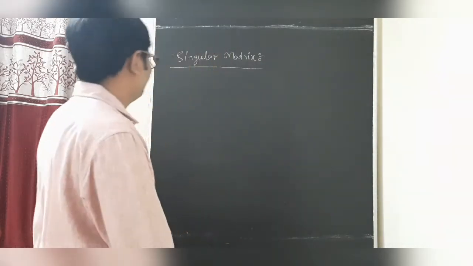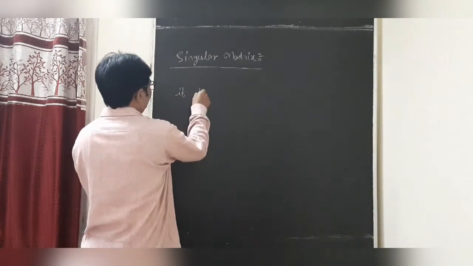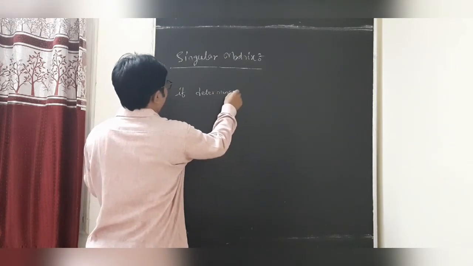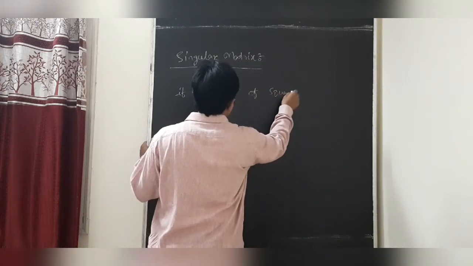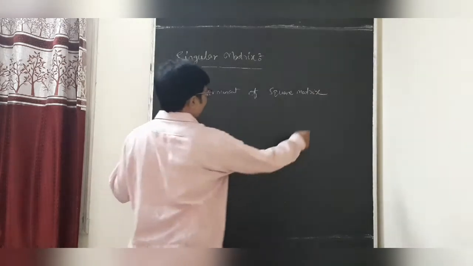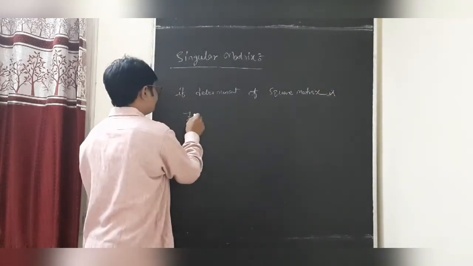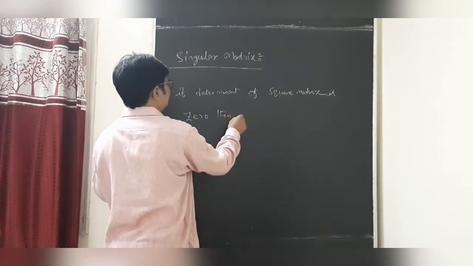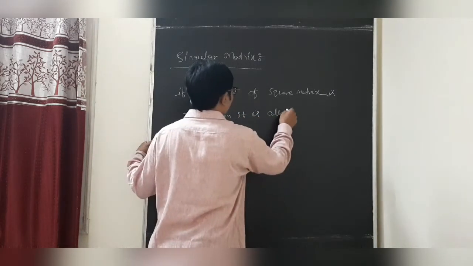Okay, students? Write down: if the determinant of a square matrix is 0, then it is called a singular matrix.